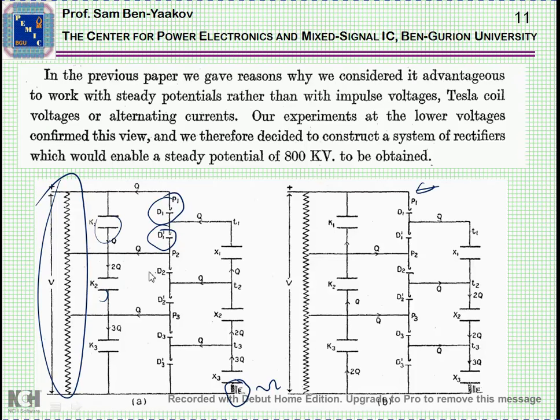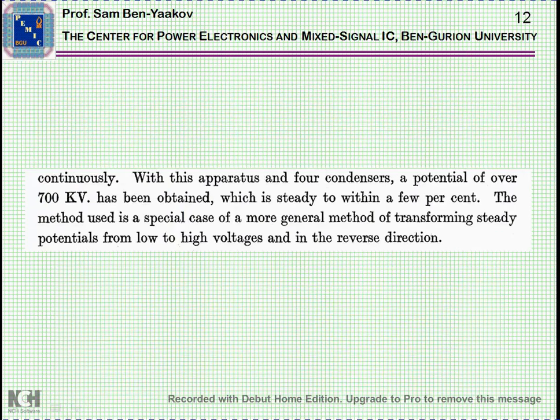Now, obviously, the initial voltage was very high itself, but nonetheless, the target was a million volts, and they got pretty close to it. And indeed, they got up to 700 kilovolts with the circuit that they have built.